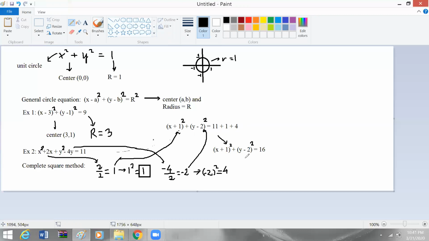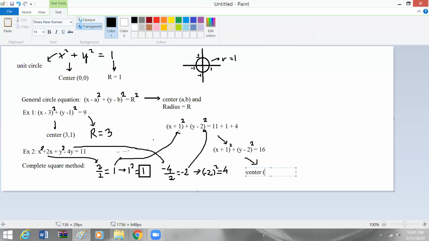I can clearly see that the center is -1 and +2, and then the radius is equal to 4. So the center is -1 and +2, and the radius is basically equal to 4.